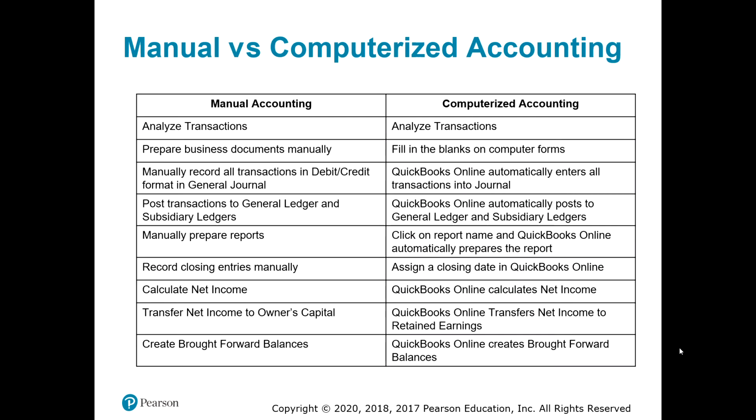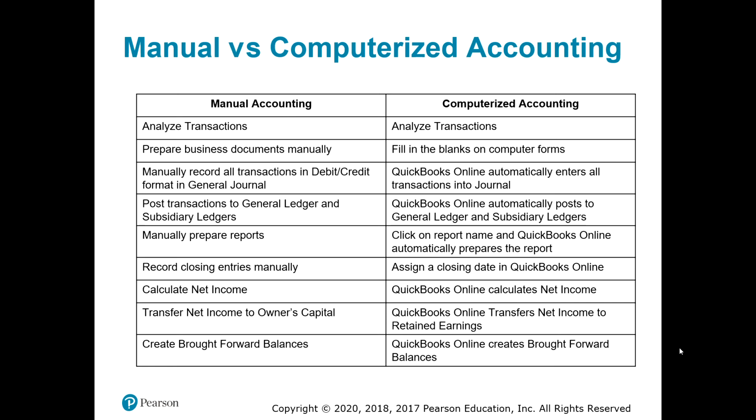So, starting off with some knowledge, we have manual versus computerized accounting. Mostly what we're going to see is that they're pretty much the same on a lot of things, whether we do it manually, actually writing it into journals and recording, or letting the computer do it.